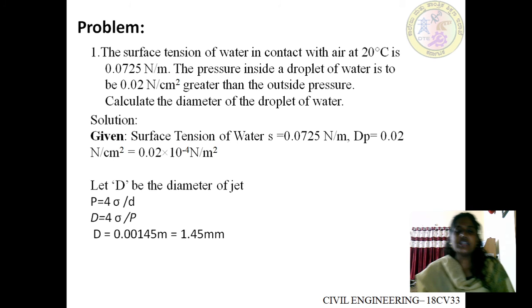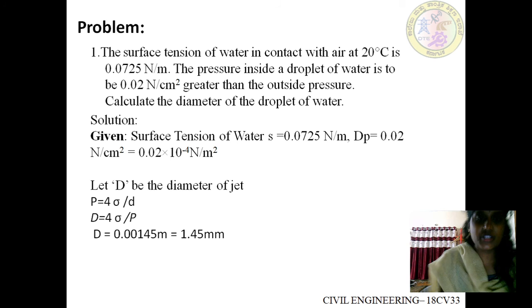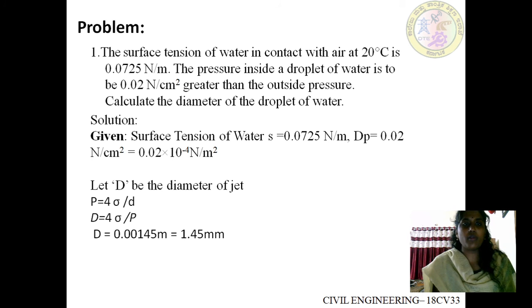So let us see a problem on surface tension. First I will read out the problem. The surface tension of water in contact with air at 20 degrees Celsius is 0.0725 Newton per meter. Sigma of water is given.